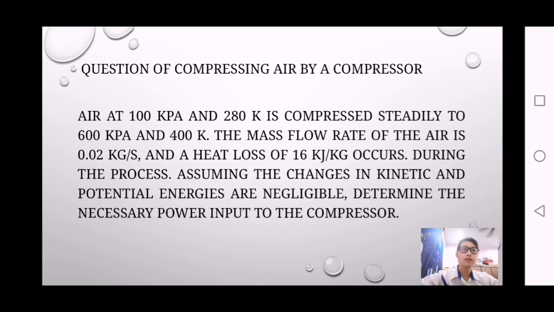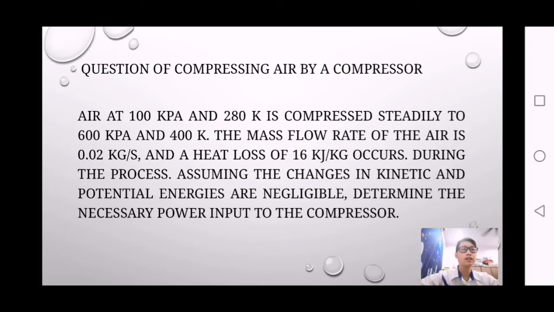During the process, assuming the change in kinetic and potential energies are negligible, determine the necessary power input to the compressor. So in this question, we need to find the power input for the compressor, and we assume that the change of kinetic energy and potential energy are negligible.